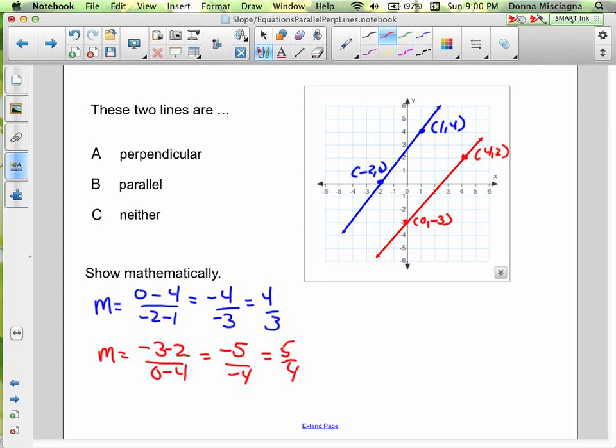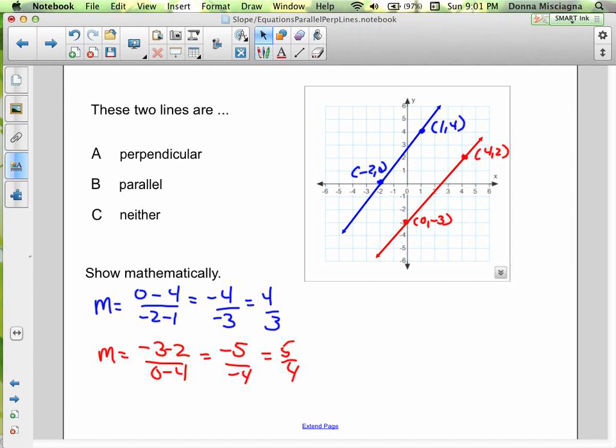By the way, we can see that these lines both have a positive slope. They're both going up left to right. So they obviously can't be perpendicular because they're definitely not negative reciprocals of one another. One's not negative, they're both positive. However, they're also not parallel lines because we don't have the same slope.